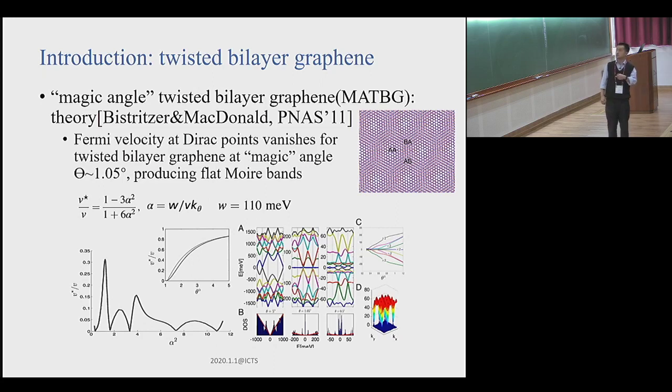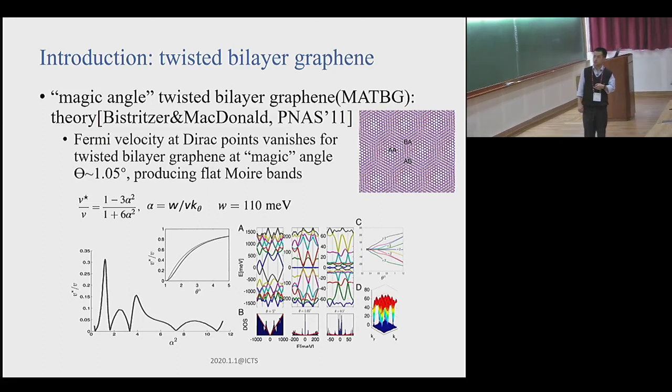When you stack graphene layers together but twist the two layers a little bit, you form Moiré patterns, and the band structure has this feature that if you tune the twist angle, that changes the ratio between the interlayer coupling and the energy splitting between the Dirac points, then you can make the Fermi velocity at the Dirac points zero.